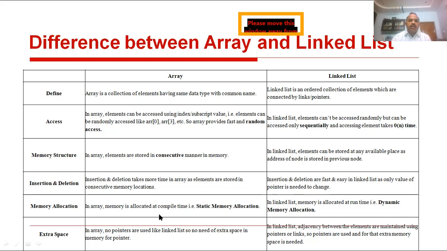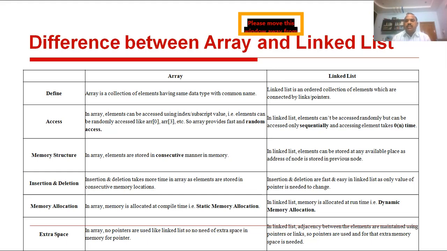Then memory allocation. In an array, memory is allocated at compile time, that is static memory allocation. In a linked list, memory is allocated at runtime, that is dynamic memory allocation. Then extra space. In an array, no pointers are used like in a linked list, so no extra memory space is needed for pointers.